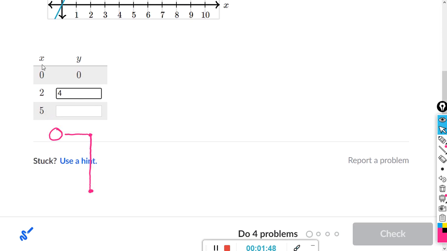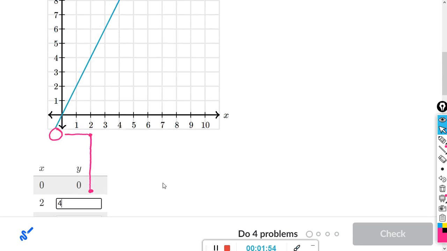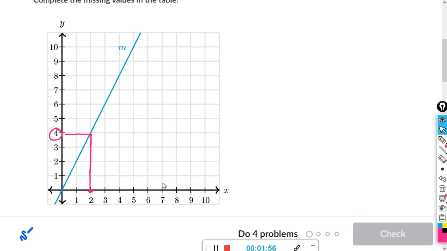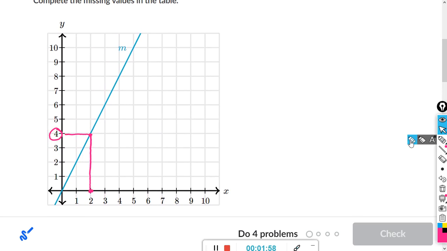All right, and for the other one, X equals 5. Okay, and we want to find the Y coordinate when X equals 5. So again, we go to the x-axis right here, go to X equals 5.